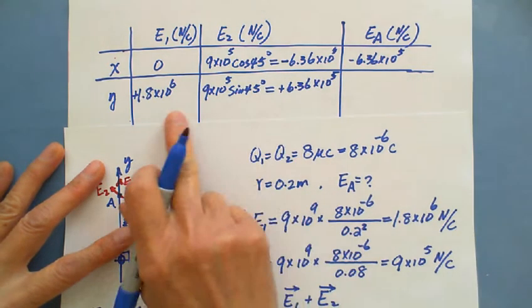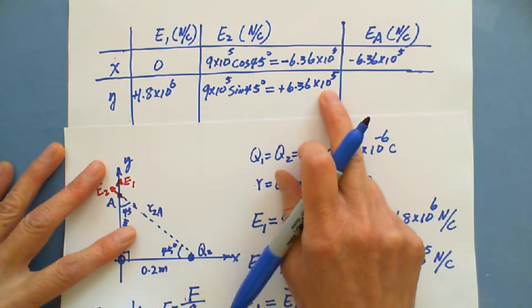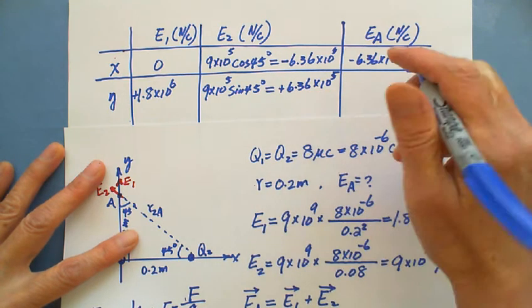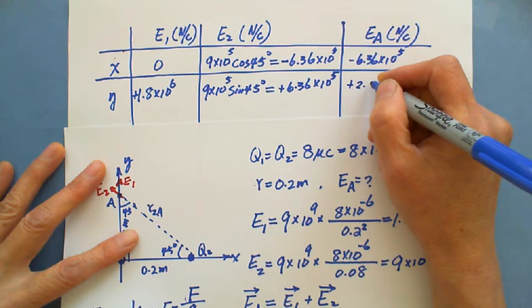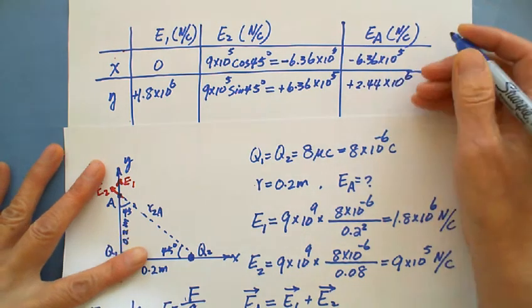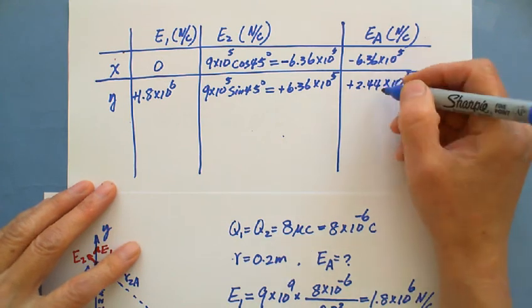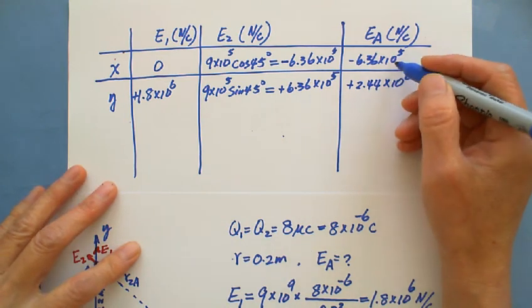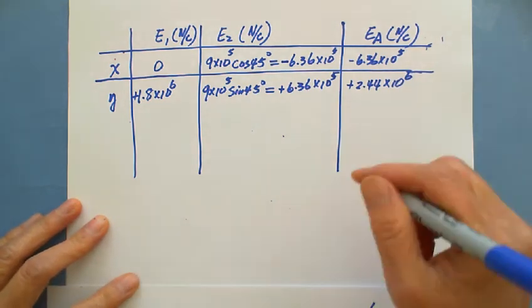Adding these two numbers, because one is 6 exponent and the other is 5 exponent, gives us 2.44 times 10 to the 6 exponent. This is the x direction, this is the y direction.